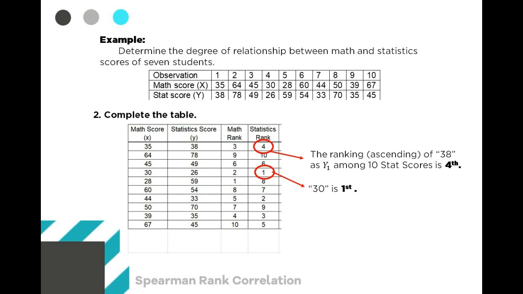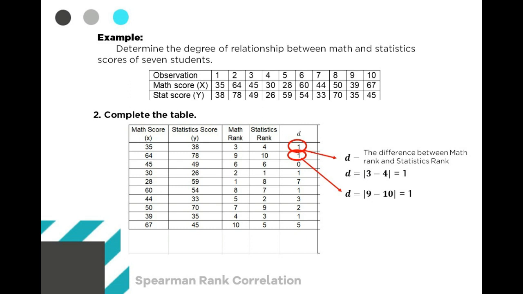Okay, and so on and so forth doon sa ating mga data in our statistics course. So definitely napakadali lang nitong ating Spearman's rank because we'll just be using ranking. So we'll rank our x, we'll rank our y. To come up with our next column, we have our d, which is the difference between the rankings of the two variables.